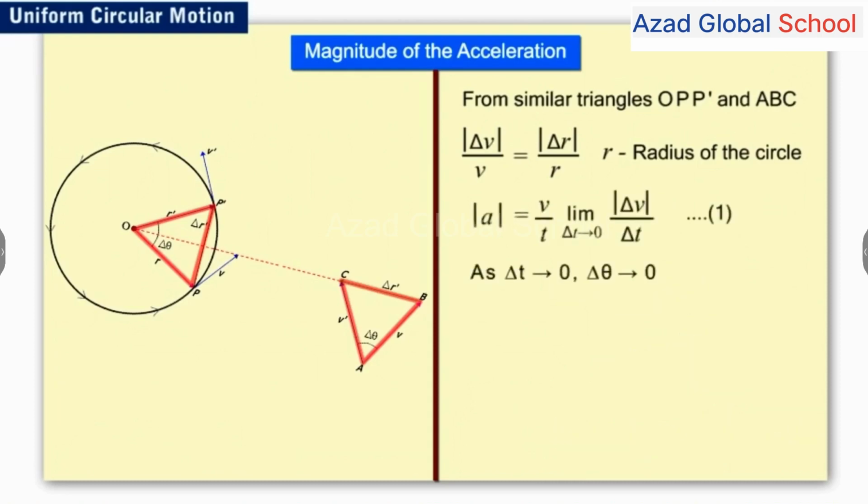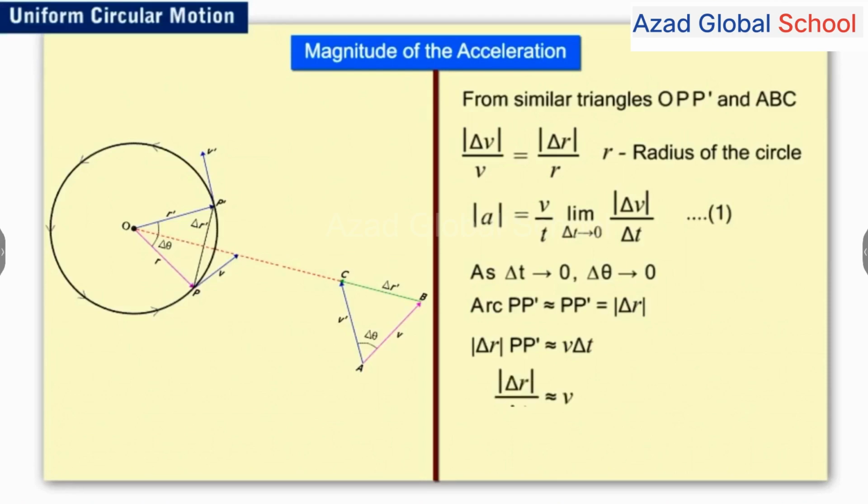As delta t approaches 0, delta theta also approaches 0. Arc PP' is approximately equal to PP', which is equal to magnitude of delta R. Magnitude of delta R is approximately equal to V delta t.